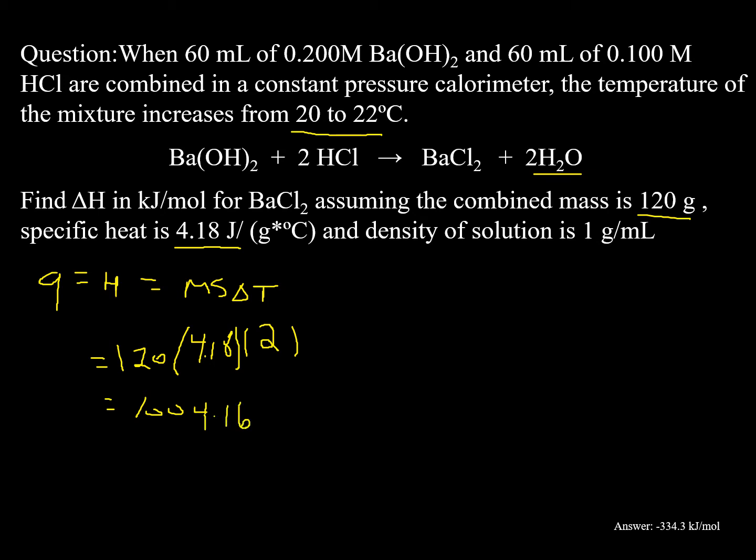So when we work this out, our Q value, or delta H, will be 1004.16, and this unit will be joules, and we convert it to kilojoules because they're asking for kilojoules per mole. So this would be 1.004 kilojoules.